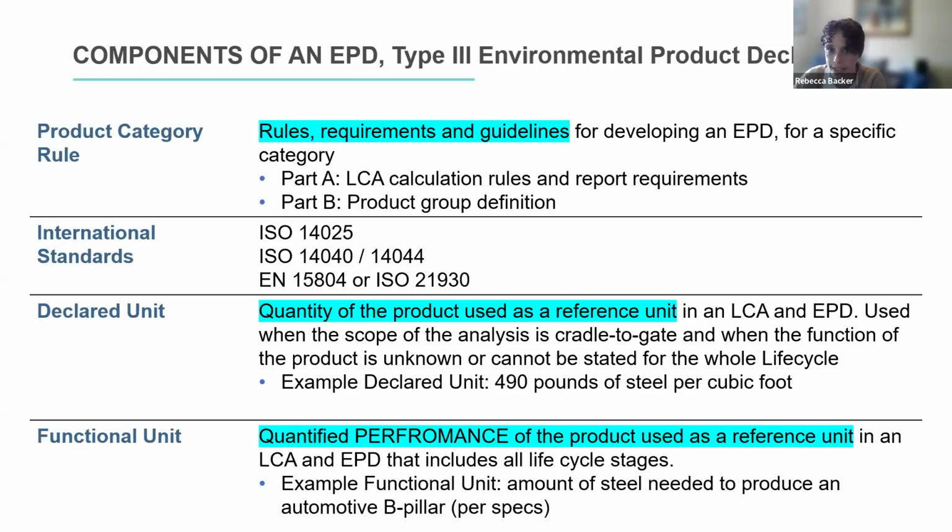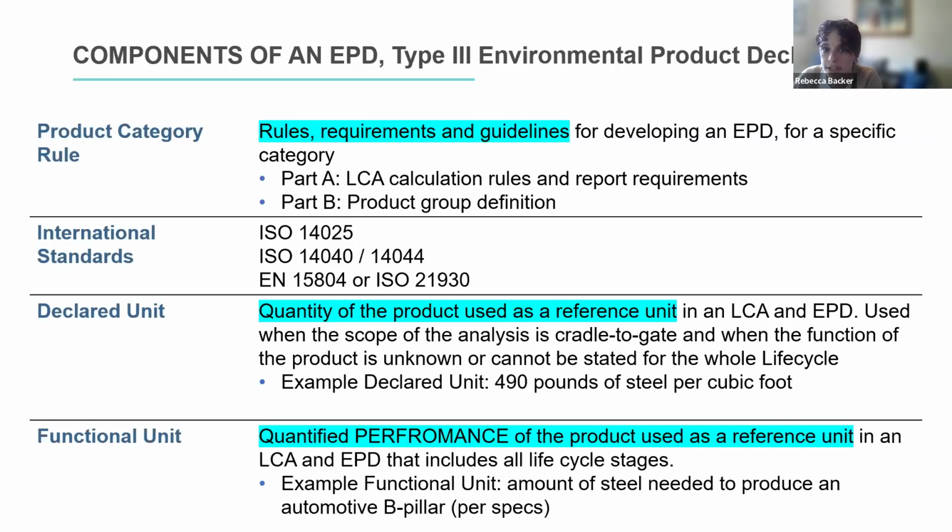So further defining it, a PCR is basically a set of rules, requirements, and guidelines for developing type 3 EPDs. And as the name implies, it is usually specific to a product category like conduit or insulation. As I just mentioned, PCRs ensure that LCA practitioners, the term we use to refer to people who develop the LCA models, generate consistent results for the same product categories.